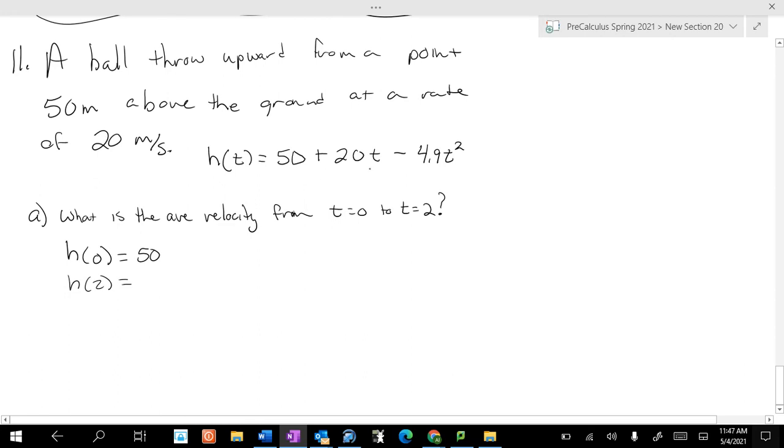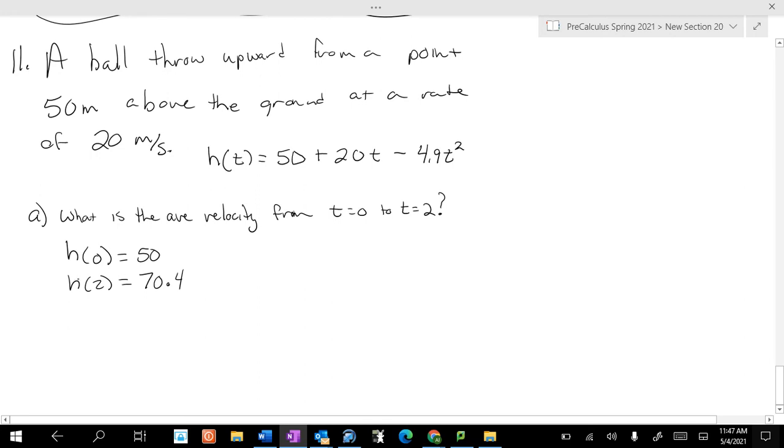What's h of 2 equal to? So 50 plus 40 is 90 minus 4.9 times 4. 4.9 times 4 is 19.6. So it's 90 minus 19.6, which is 70.4. Am I right? I got 0.9.